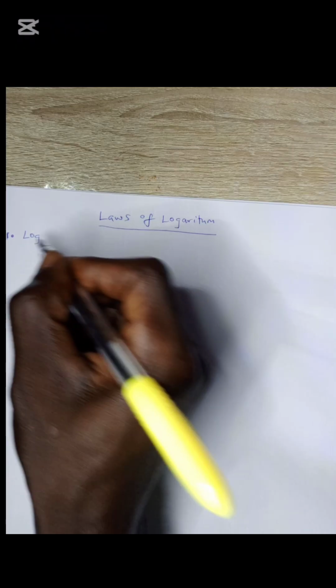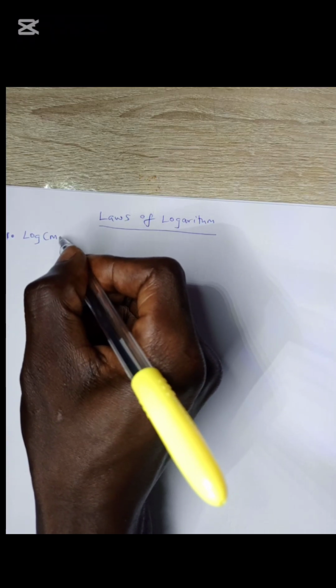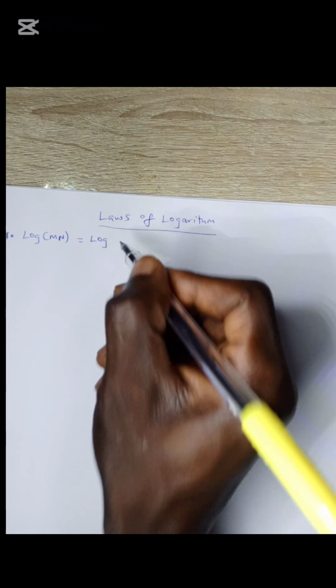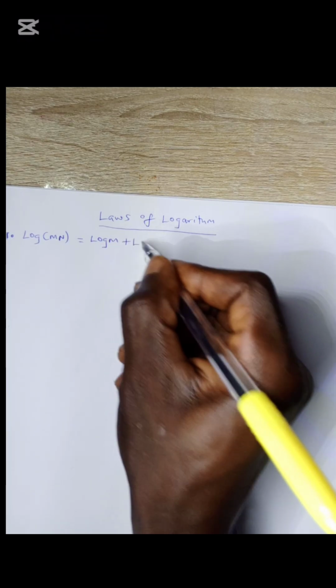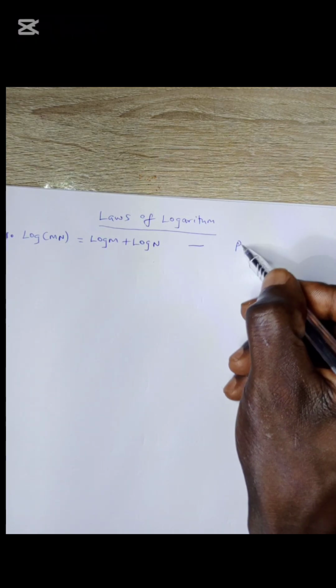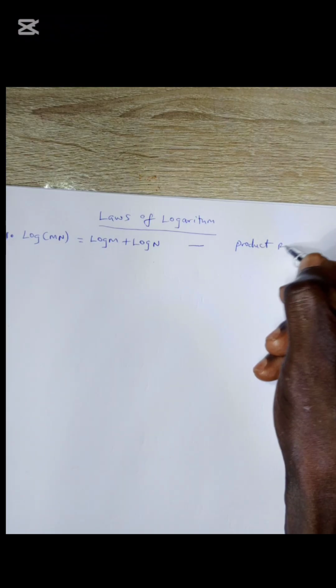Any day you see log mn, it simply means log m plus log n. This is what we call the product rule.